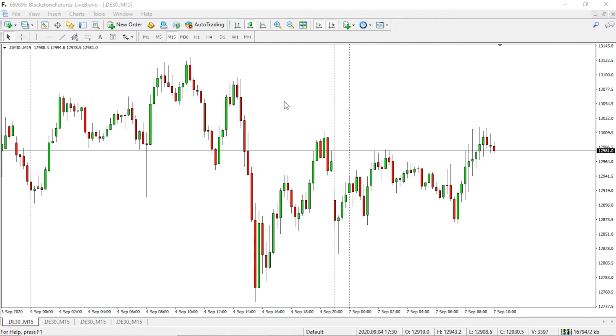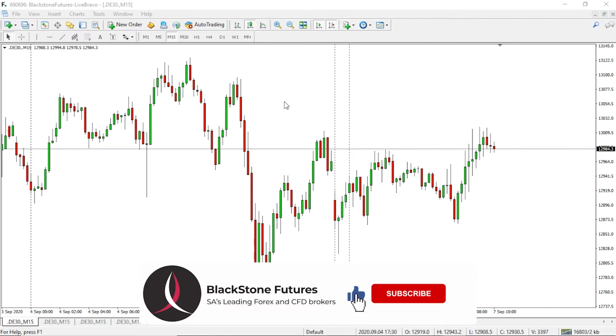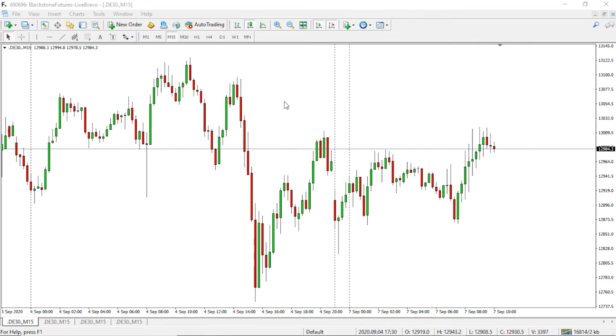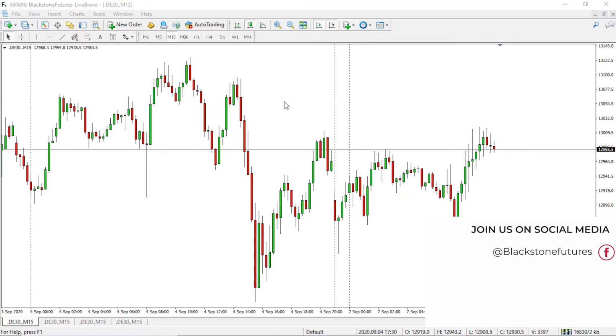Now to start off with, we've started with a nice gentle strategy, and this one in particular is a short-term trading opportunity based off the 15-minute chart to the hourly chart, and it can be used in conjunction with the trading opportunities that we highlight every morning on our Telegram channel.